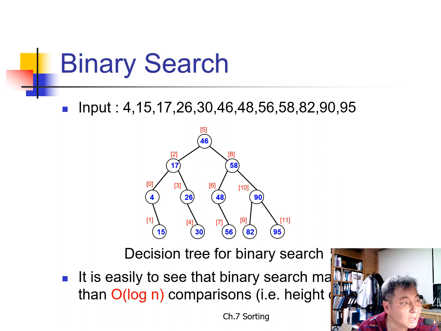If we are given this input data, and this input data is already sorted in increasing order, we can construct this kind of binary search tree, a decision tree for binary search.